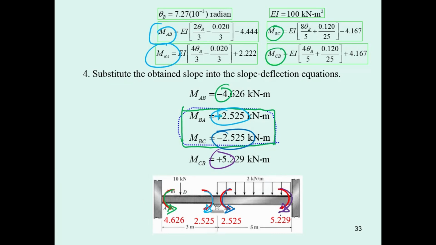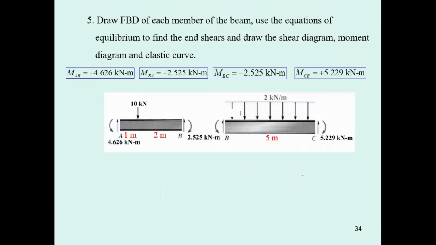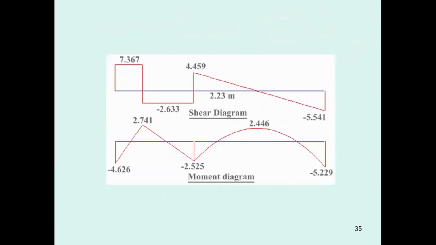And then you have to determine this one, V sub A, and also this one, V sub B on the left, and this one, V sub B on the right, and then this one is going to be V sub C. You use the equation of equilibrium to determine the end shear. After you get the end shear, you have to draw the shear diagram and moment diagram.